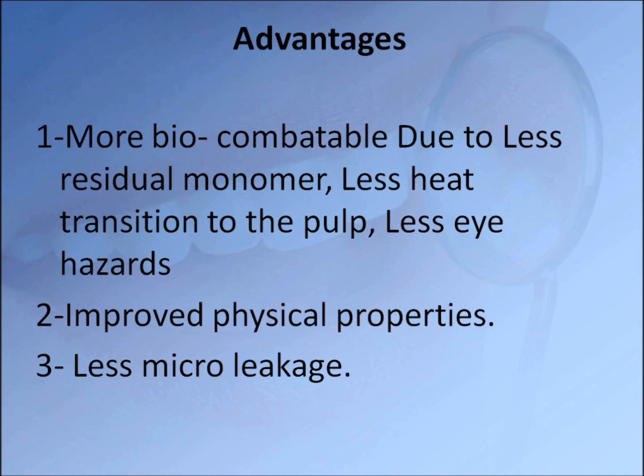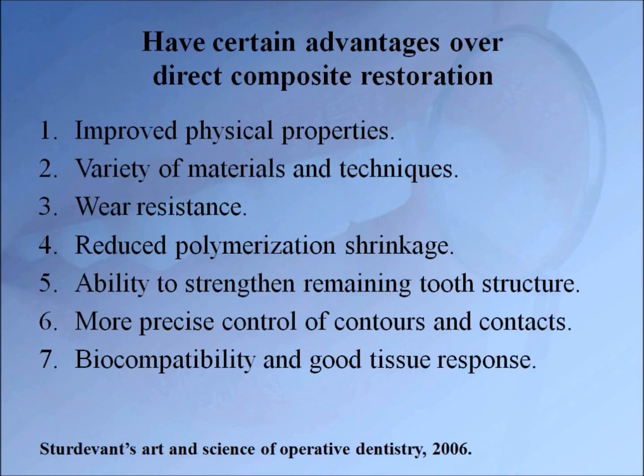Advantages. Number one, more biocompatible due to less residual monomer, less heat transmission to the pulp, less eye hazards. Number two, improved physical properties. Number three, less microleakage. Indirect restorations have certain advantages over direct composite restoration. Number one, improved physical properties.